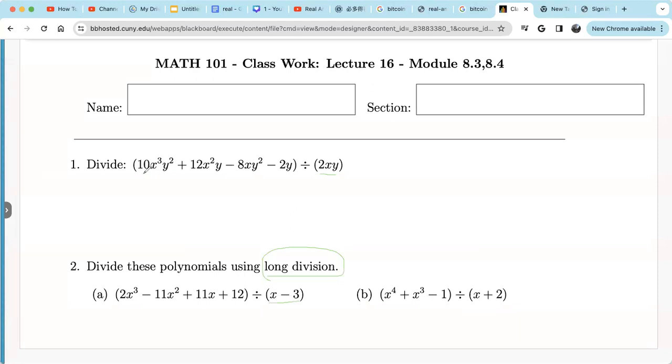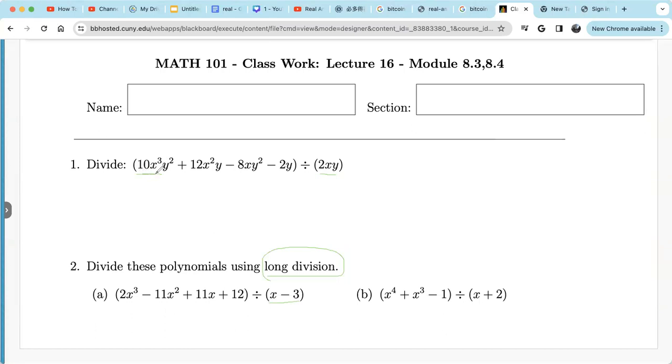This is called a dividend. We have 1, 2, 3, 4 terms, and the divisor is only 1 term. So we're going to divide each term in the dividend by the divisor.